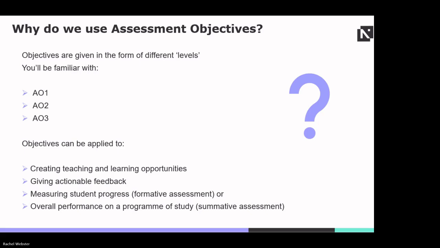So AO 1, 2 and 3. Now, we can apply these assessment objectives in various ways in our delivery, in the ways that we support our students towards achieving success in their assessments, how we can give feedback, how we can create teaching and learning opportunities in our classrooms, and how we can measure our students' progress in terms of formative assessment or equally their overall performance on a programme of study. By that, I mean their summative assessment.